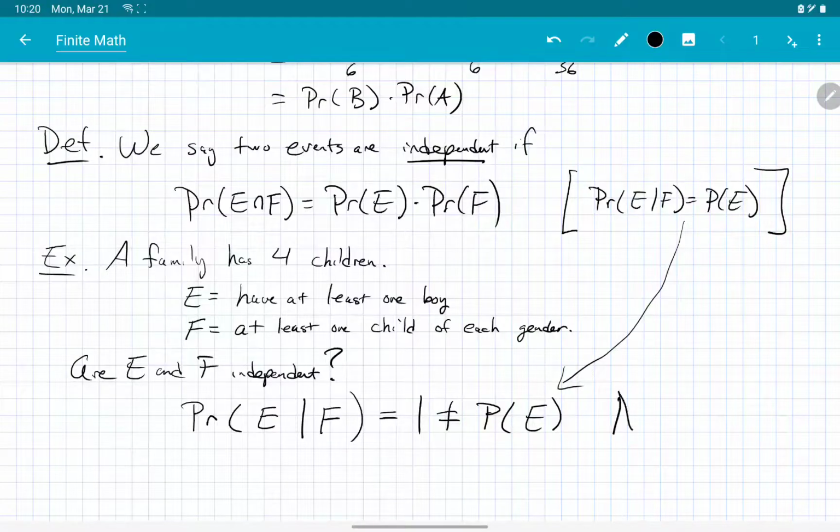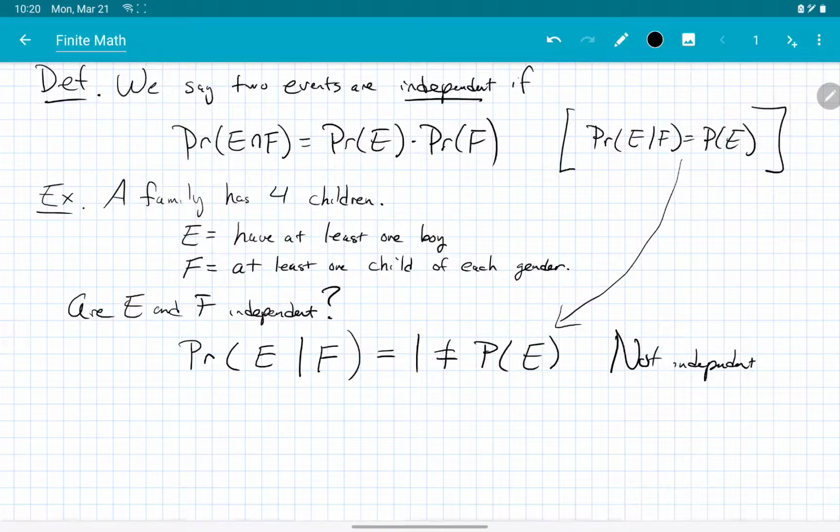So the answer is not independent. How could we figure this out otherwise? Well, we could write down all the possibilities. We have 4 children, and we could have 4 boys, 3 boys and a girl, 2 boys and 2 girls, 1 boy and 3 girls, and all girls.